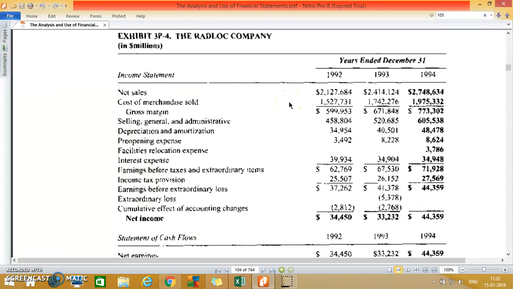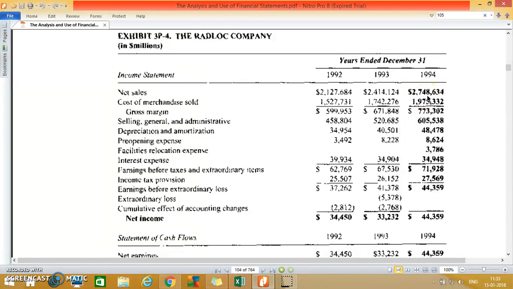The information that has been given to us is for 3 years. The comparative income statement tells us that the net sales of this company have been $2,127 billion in the year 92, $2,414 billion in 93, and $2,748 billion in the year 94.